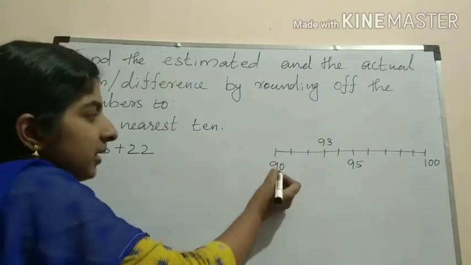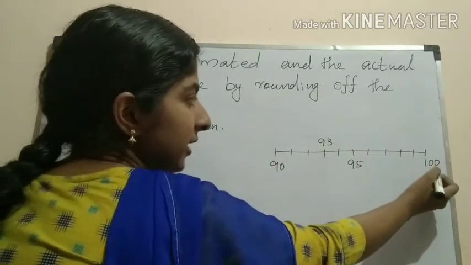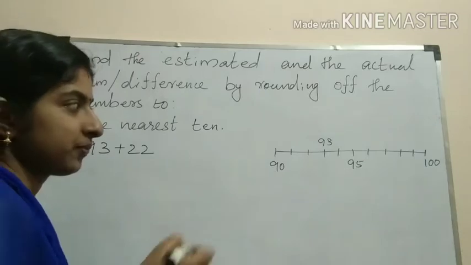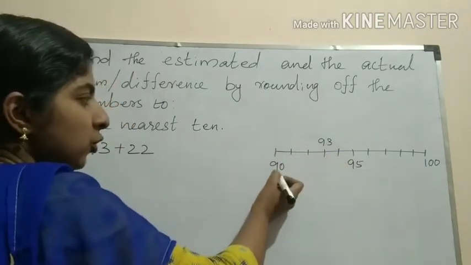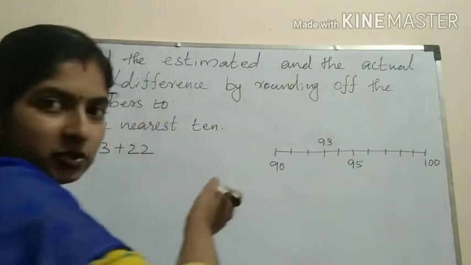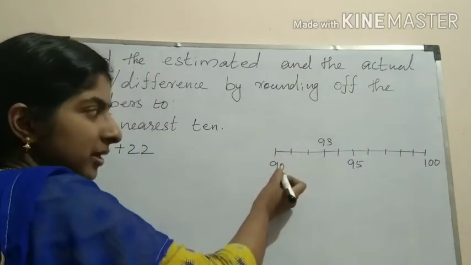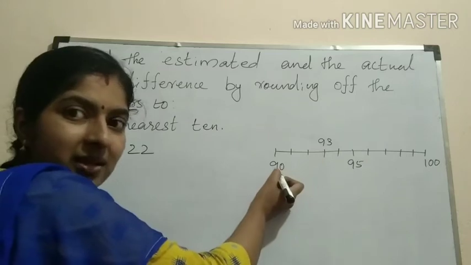Here 90 is the lower limit and 100 is the upper limit. So this 93 is nearest to the lower limit or the upper limit? Nearest to this lower limit, nearest to 90, isn't it?